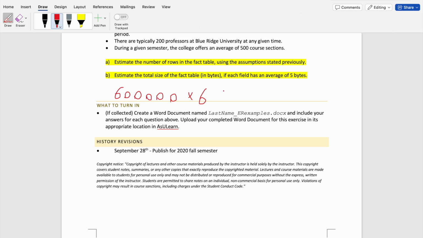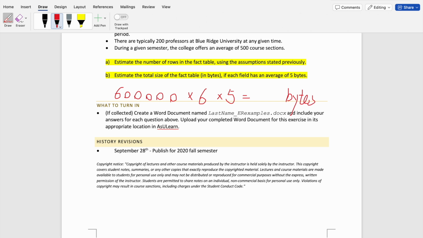And also we have 5 bytes. And we get the result, and the unit has to be bytes as well. So you can calculate it by yourself. I won't calculate it for you, but that's all you need to do.